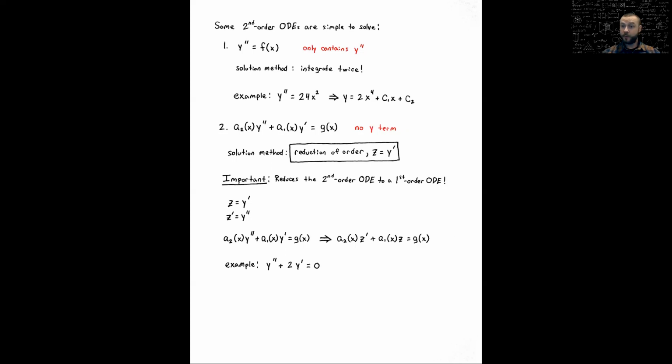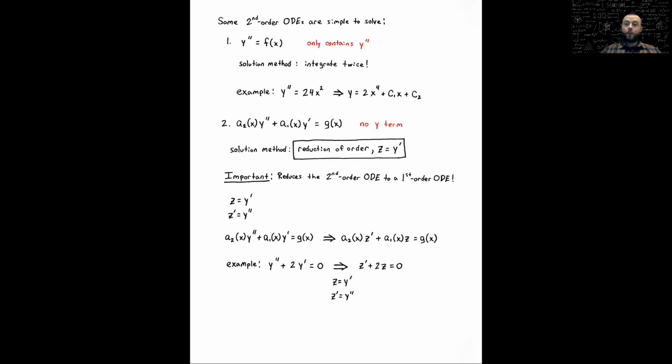All right, in case you didn't want to try this, let's go through it. We make this substitution or change of variables. We're going to say y prime equals some function z, which then means z prime equals y double prime. If you plug that into the differential equation for y, it converts to this first order ODE, z prime plus 2z equals 0.